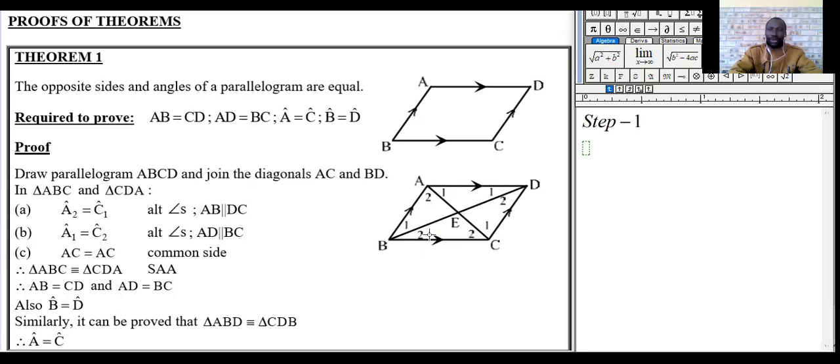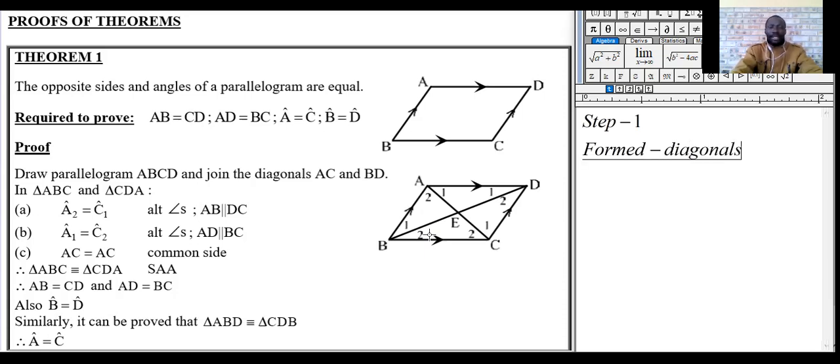We would like to call that the second step. In the first step, we formed the diagonals.